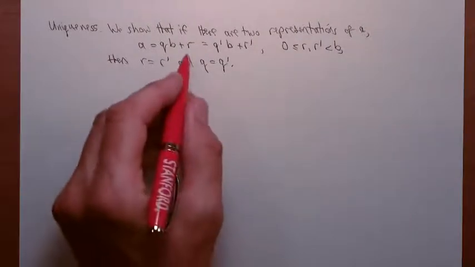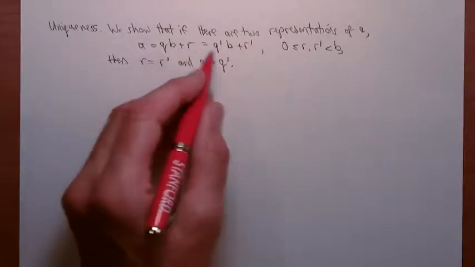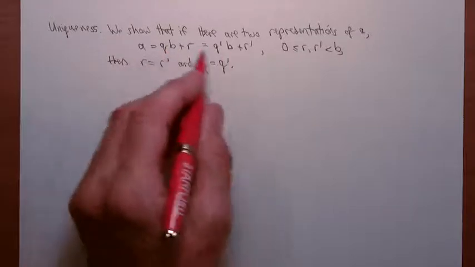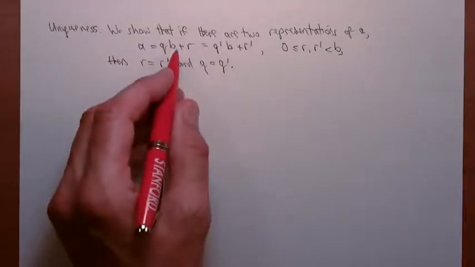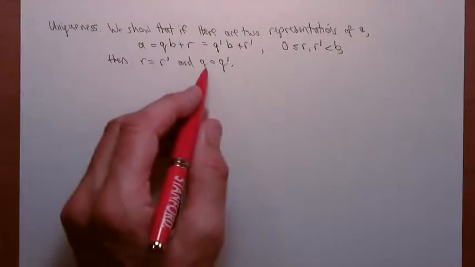The first part of the division theorem, the existence part that we've already proved, shows that there are representations of this form. What we're now doing is showing that if there are two such representations, then in fact they're identical. The r is the same and the q is the same.